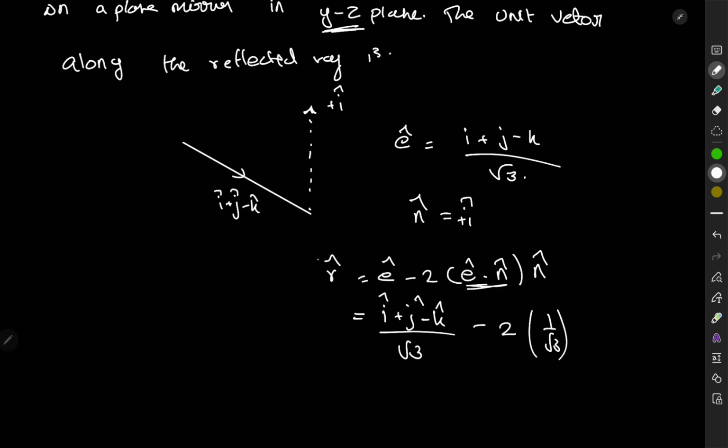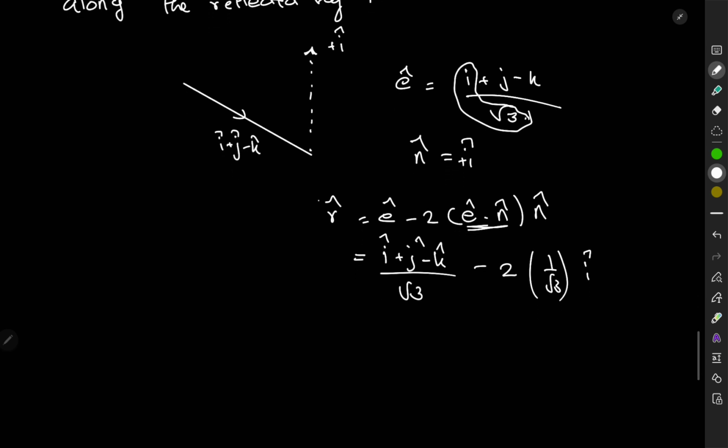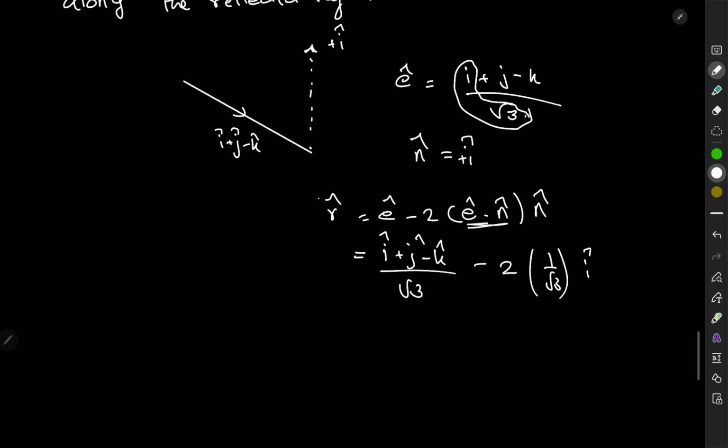E cap dot n cap, we need to take only this, right? So 1 by root 3 i cap, fine. So this will be our final answer, okay.